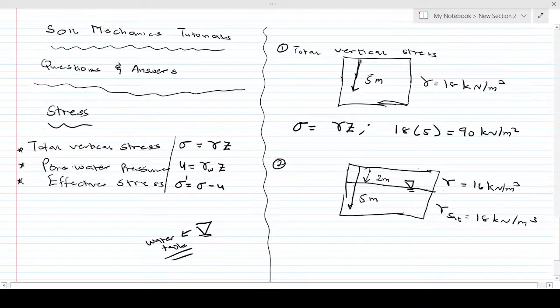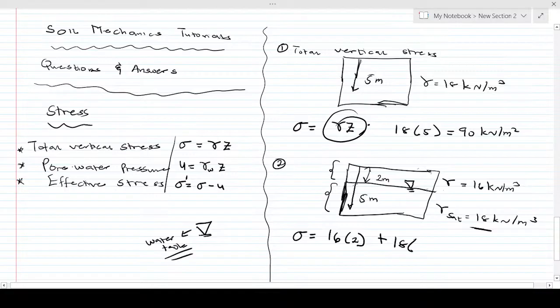In order to find the total stress, again, you know that the formula is simply the unit weight times the distance. So for the soil layer above, we have the unit weight, which is 16, times the distance of 2 meters. Plus, then you come down to the soil layer below, unit weight of 18 times the distance for this second layer.